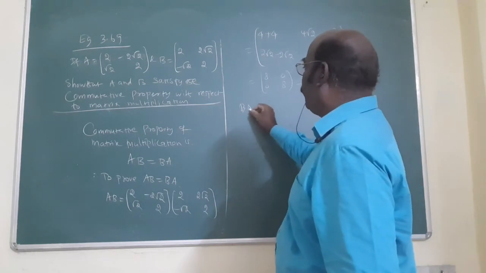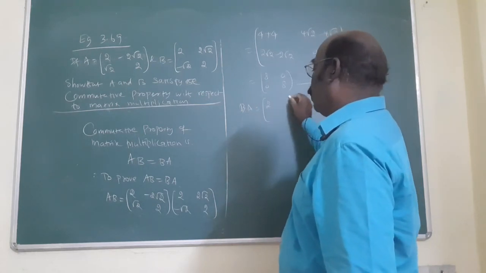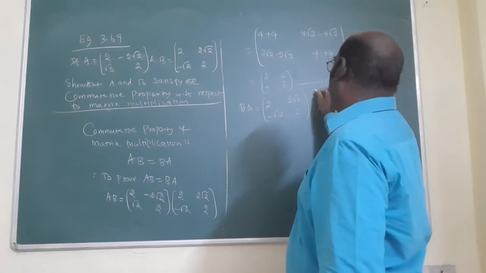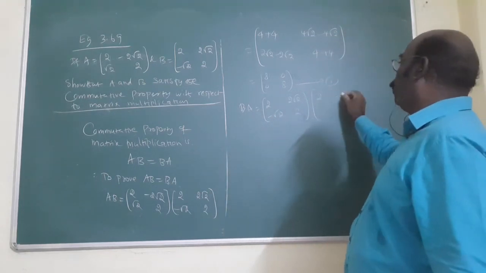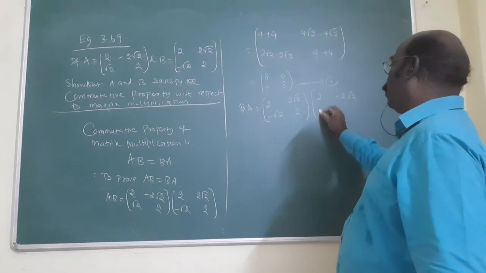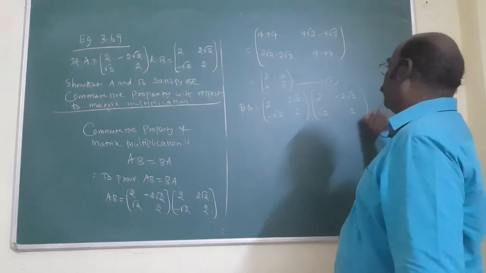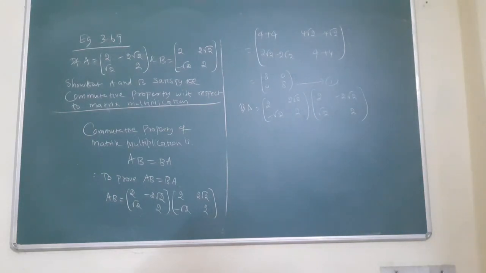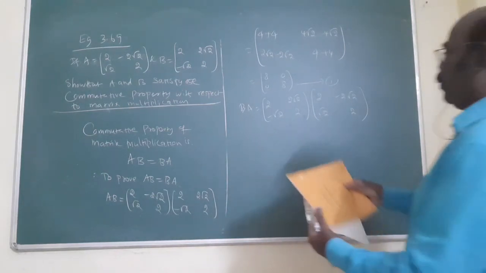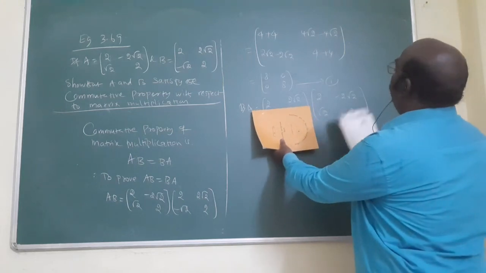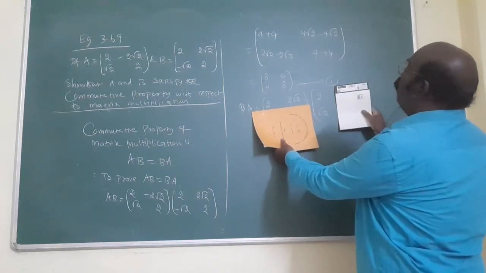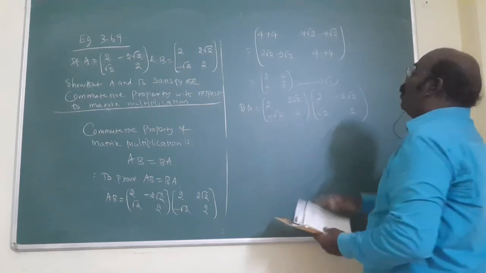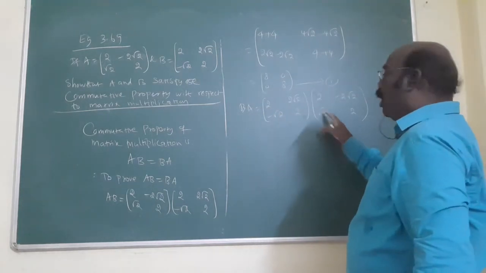Similarly, start with B. B is what? 2 root 2, minus root 2. A is what? 2, minus root 2, root 2, 2. This is the same thing. First row, first column. First row, second column, in this way. This is the first row. Look at the first column. 2 into 2, 4. 2 root 2 into root 2, that is what? Root 2 into root 2, 2 and 2 is 4.